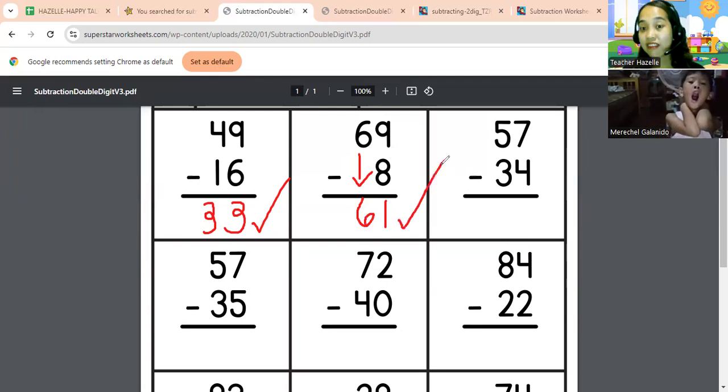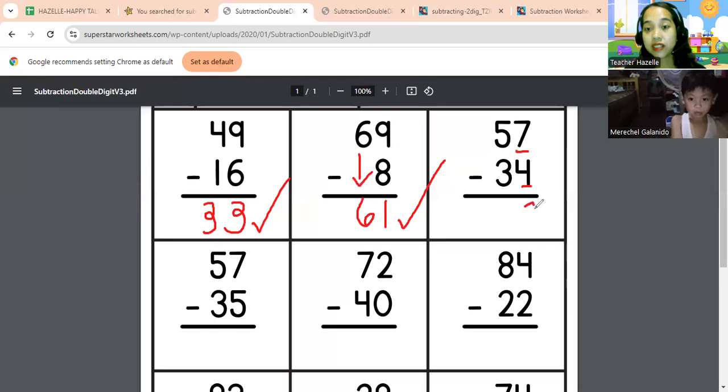We have here 57 minus 34. Let's start with 7 minus 4 first. Equals? We can do it. 3. Correct.